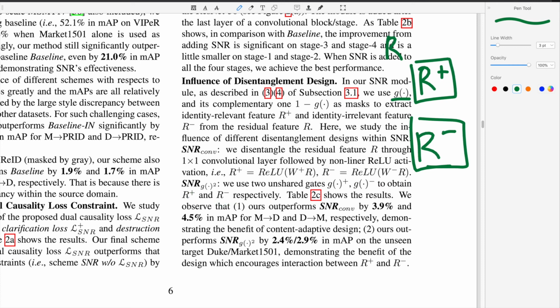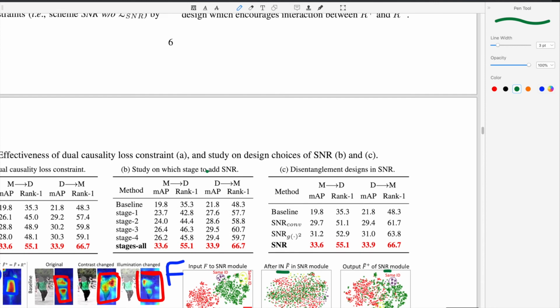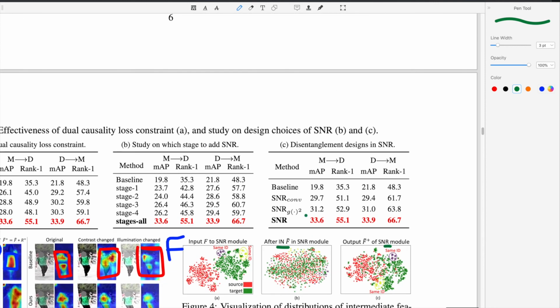So it means that these two aren't related to each other, and when you add R plus and R minus up, they don't add up to 1. And since these two won't be shared with each other, it is quite expected that this won't perform as well as the original SNR design. And as expected, you can see that the original SNR design performs better than all these other design choices, including the baseline.